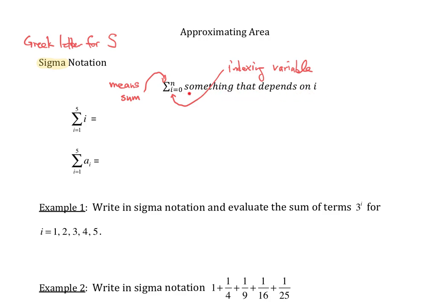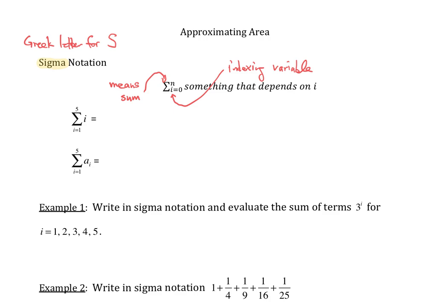So I think it's easiest to understand the sigma notation by looking at some examples. So let's take a look at this first piece of sigma notation right here. So our i is starting at 1 and it's ending at 5. And the sigma means we're going to add a bunch of numbers together. And those numbers, in this case, are just going to be the i's themselves.